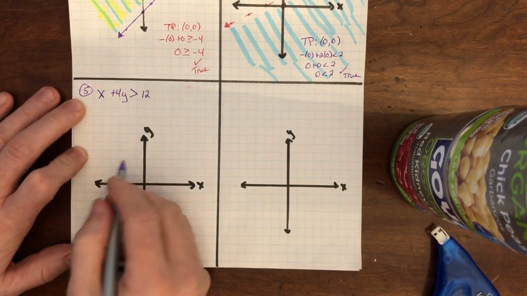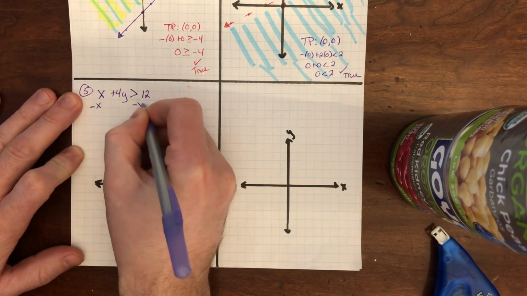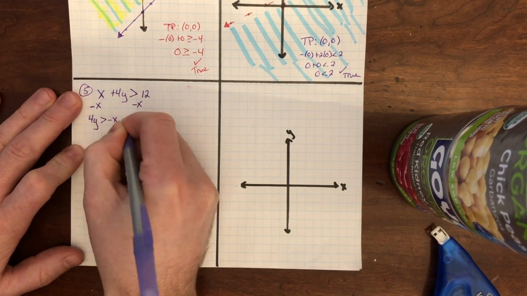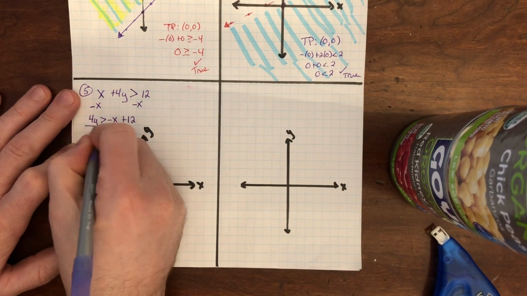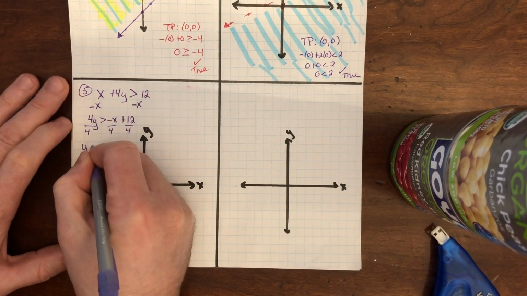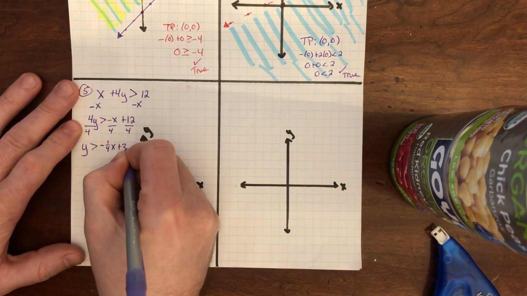Okay, so what we need to do is get this into slope-intercept form. So we subtract x. We have this 4 out in front, so we're going to divide everything by 4. So our inequality is going to be y greater than negative 1/4 x plus 3.